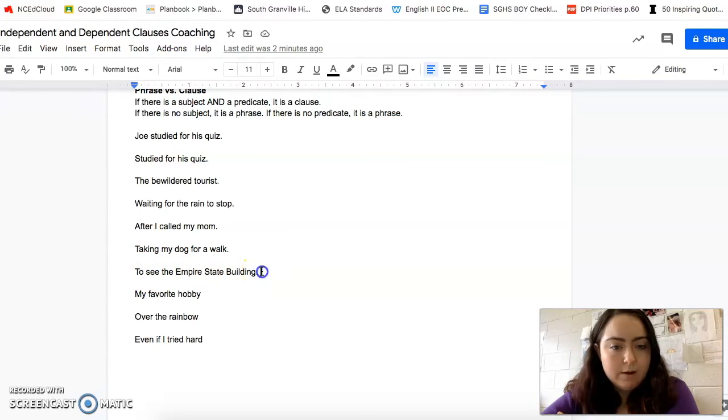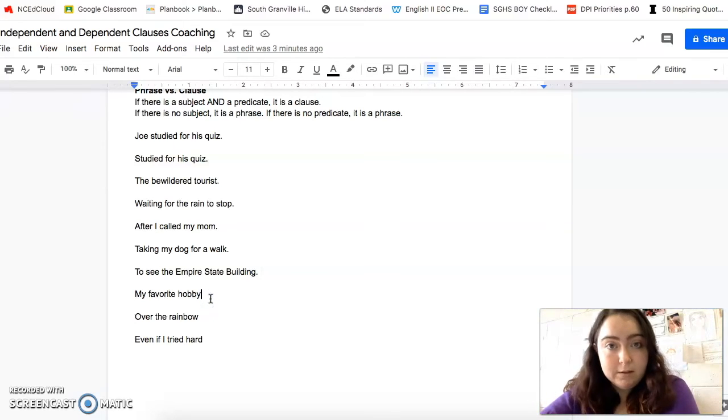To see the Empire State Building. Okay, someone wants to see the Empire State Building. I don't know who wants to do that, so we're missing a subject. This is a phrase. My favorite hobby. What about your favorite hobby? Your favorite hobby is sewing? Your favorite hobby sucks? What is the hobby doing or being? I don't know.